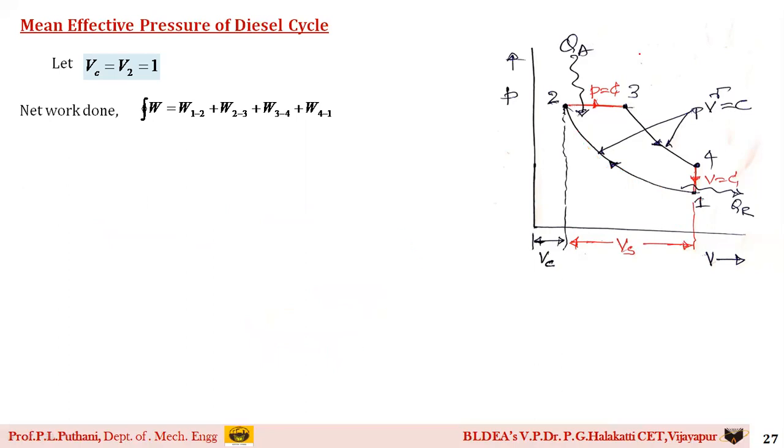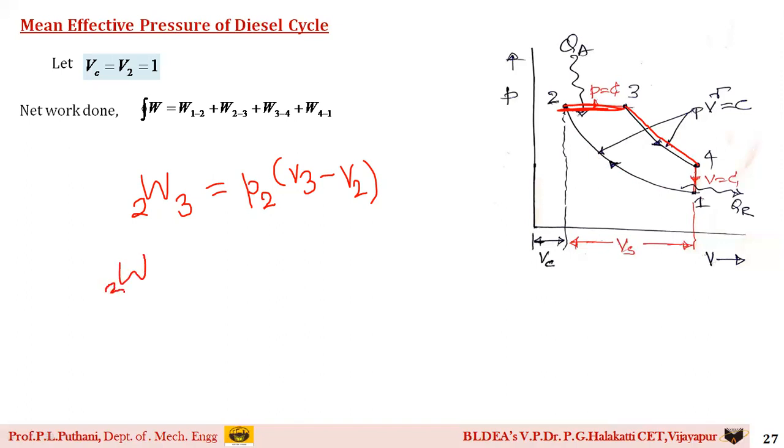Similarly, students, I can write it for process 2 to 3. Process 2 to 3 is a constant pressure process, which means W2 to 3 is equal to P2 into V3 minus V2. This is the work done expression for the constant pressure process. Then we have process 3 to 4, an isentropic expansion process.